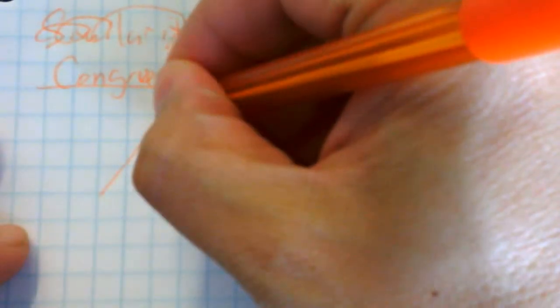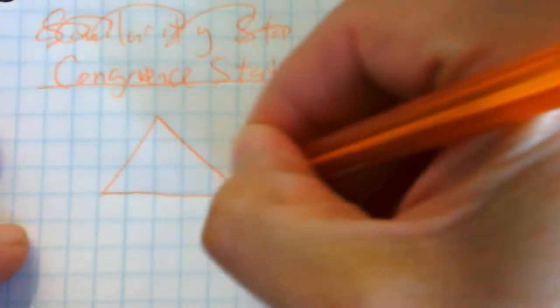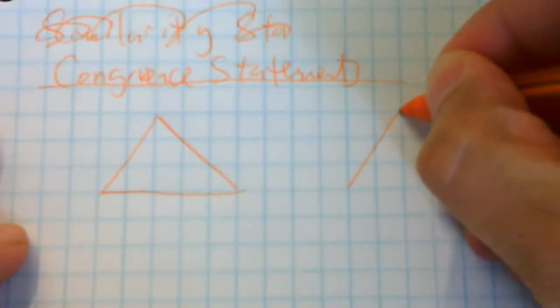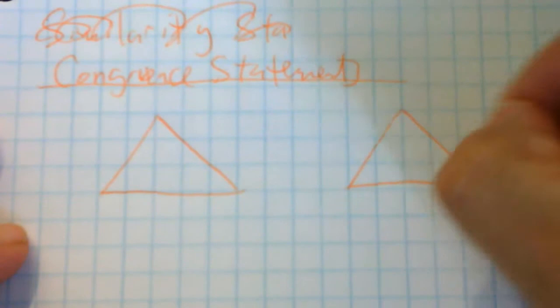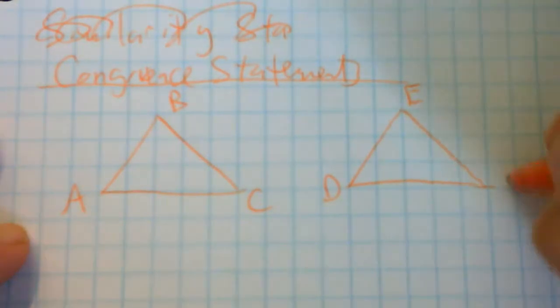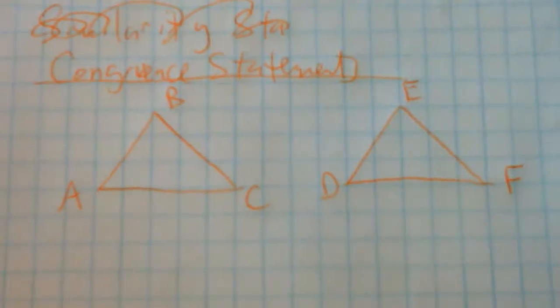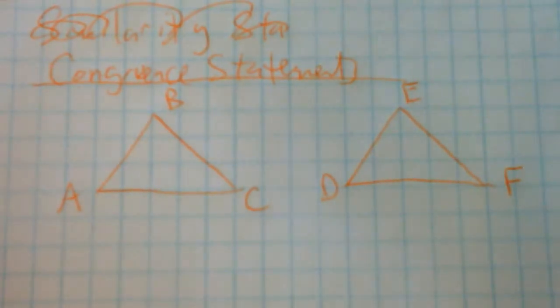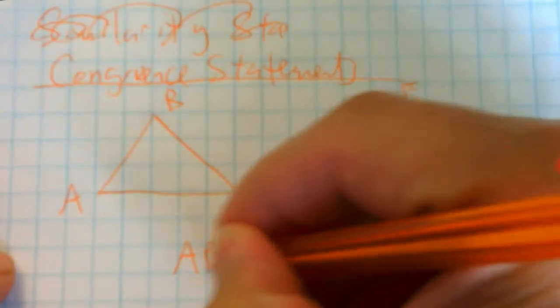So if I have two triangles that are congruent, as these two are, ABC and DEF, the way that I write a congruent statement for those two triangles is like this.